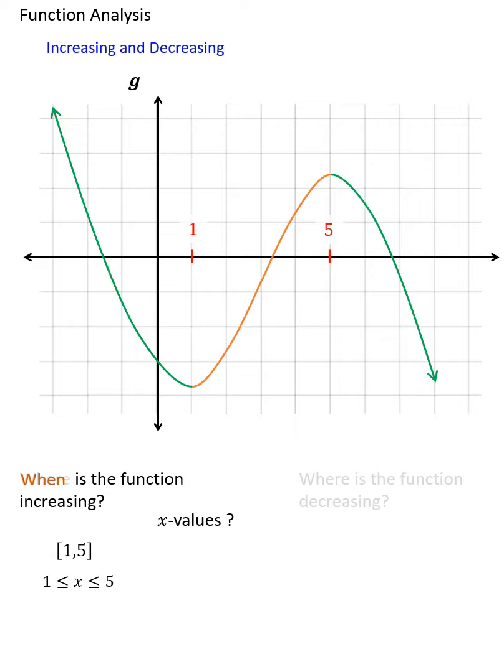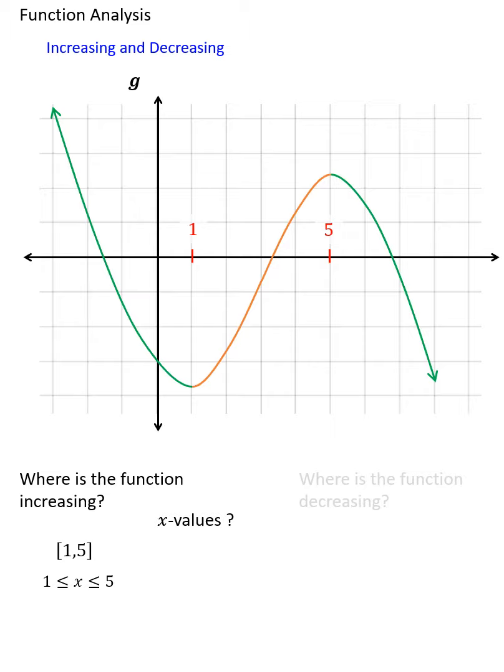But because the x-axis in many scientific applications is also the time axis, the phrase when is the function increasing has crept its way into mathematics. So when you see the word when, we're not talking about time, we're asking the same question as where.